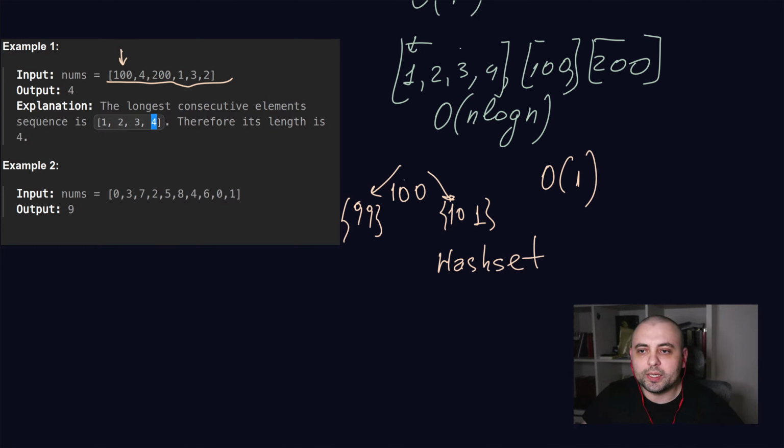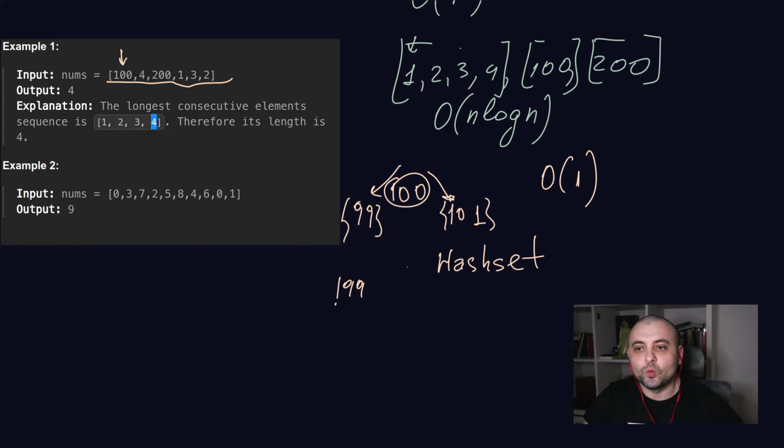So imagine we have 100. If 100 is a start of a sequence, then this means 99 should not exist in our set. And we can easily check if 99 exists in our set or not.